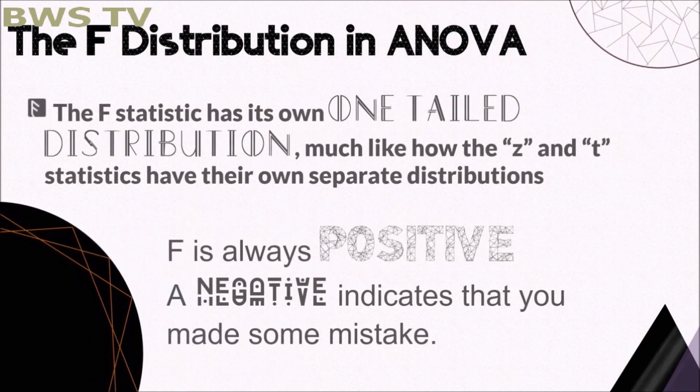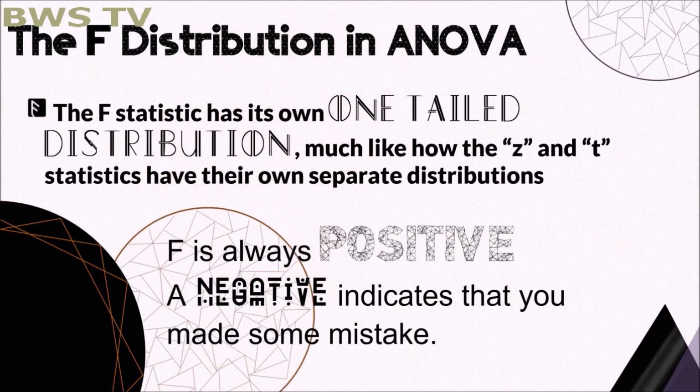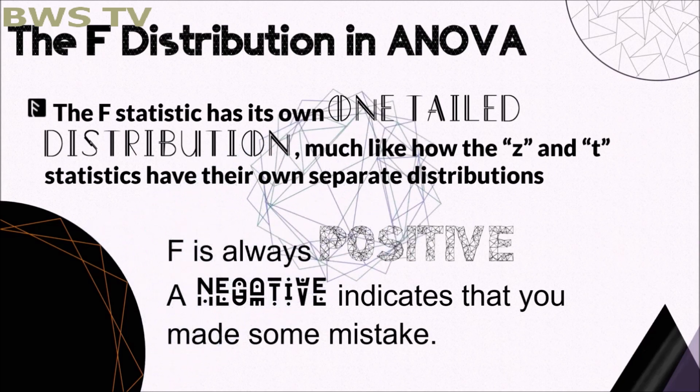The F statistic has its own one-tailed distribution, much like how the Z and T statistics have their own separate distributions. F is always positive, and a negative value indicates that you made some mistake.